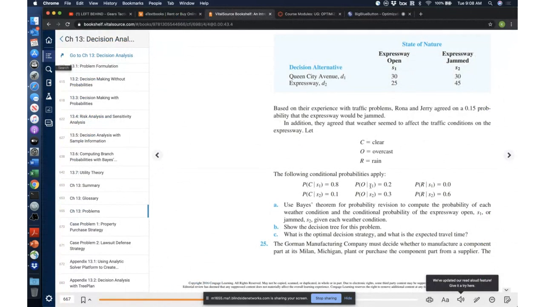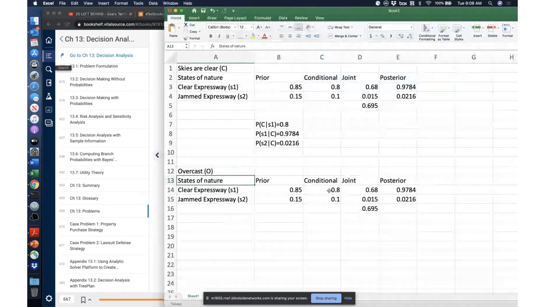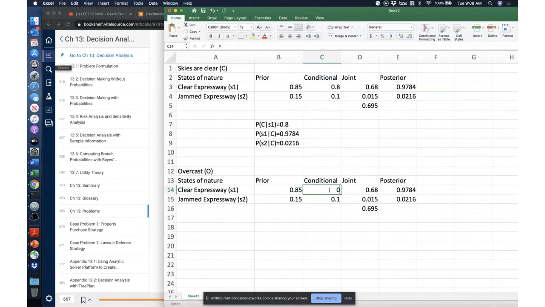So when you notice that there was no jam, there is a 20% chance that the skies are overcast. Similarly, when you notice that there was a jam, there's a 30% chance that the skies are overcast. So it's 20 and 30 here. Now the prior probabilities are the same. Skies being clear, expressway being clear, expressway being jammed. These prior probabilities remain the same. But now we have these conditional probabilities.